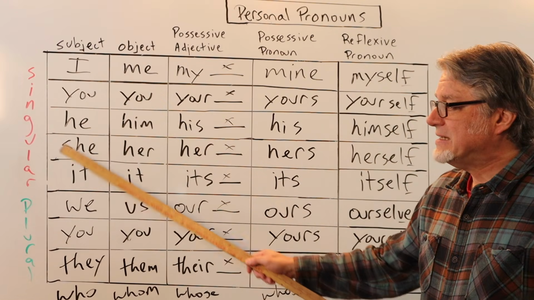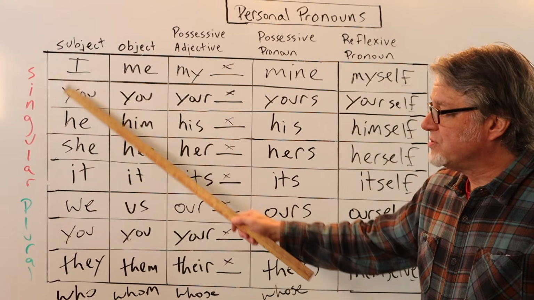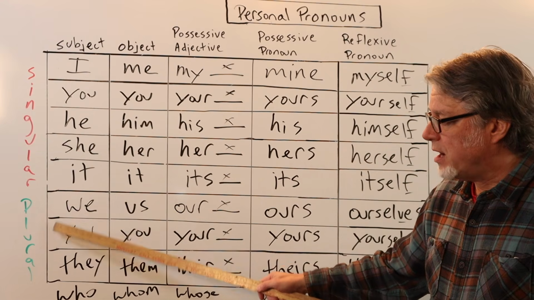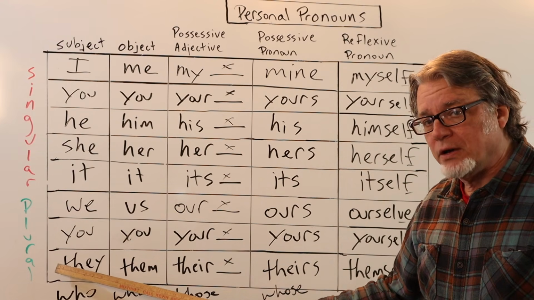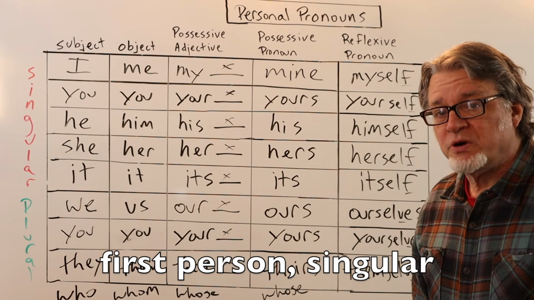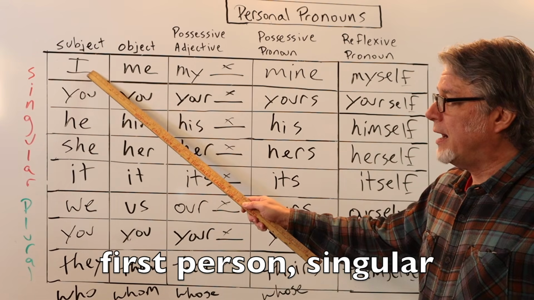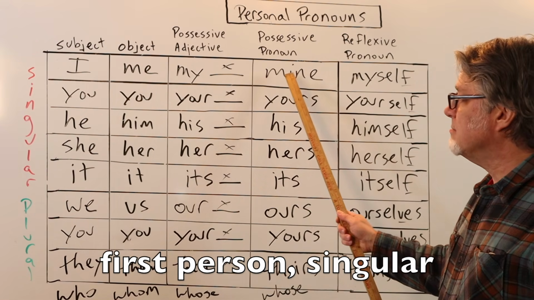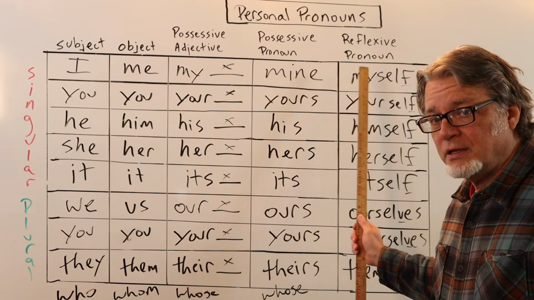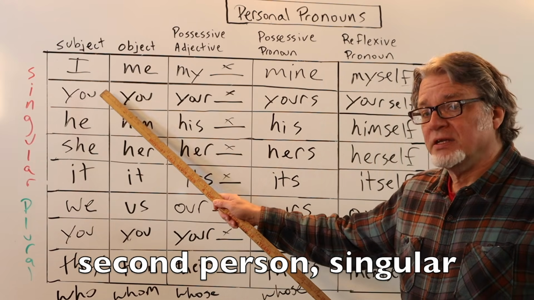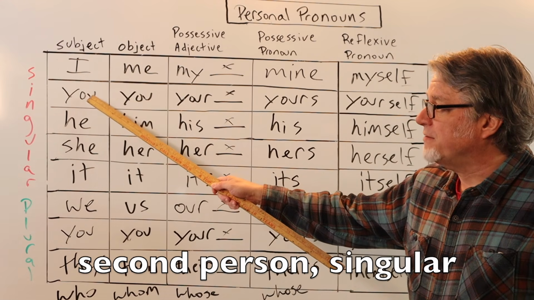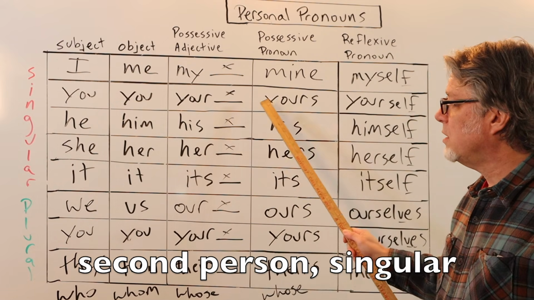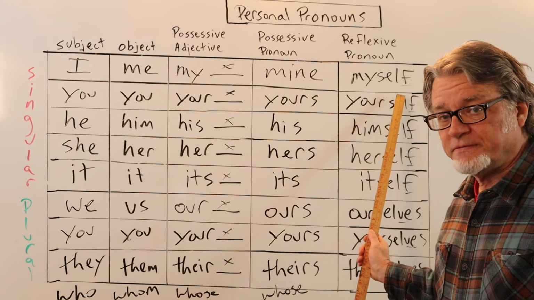These are the singular pronouns, and these are the plural pronouns. In the first person singular, I, me, my, mine, myself. In the second person singular, you have you, your, yours, and yourself.